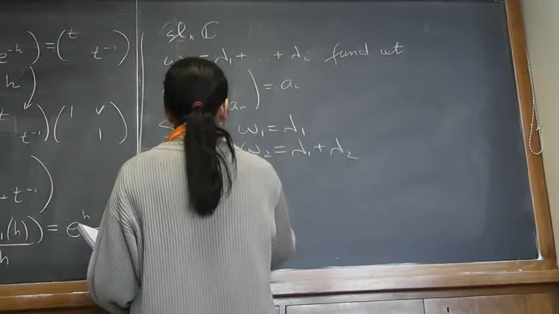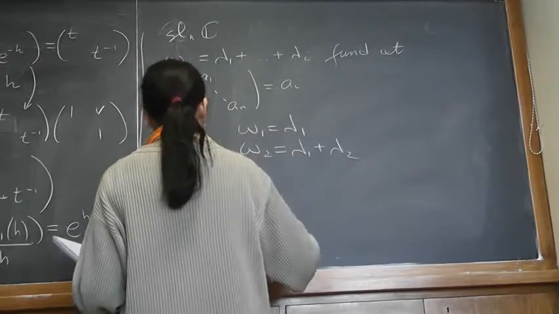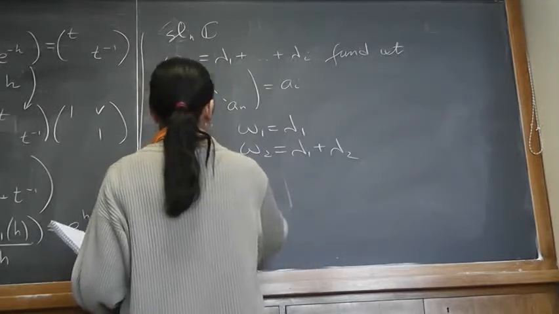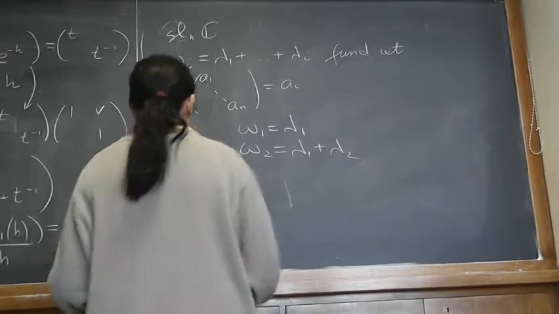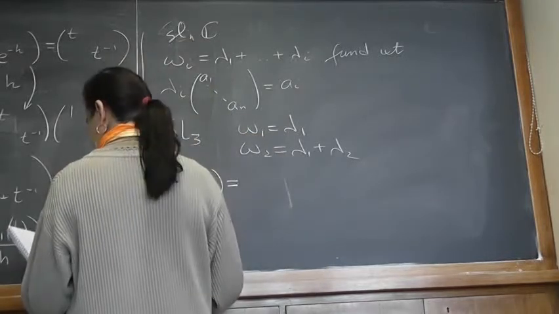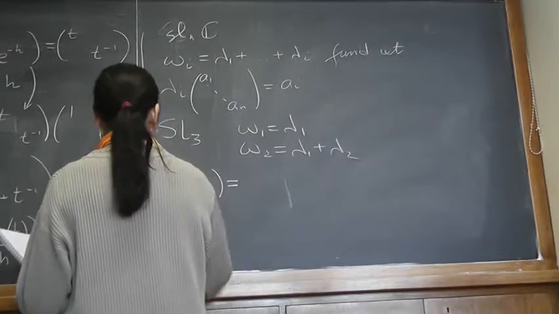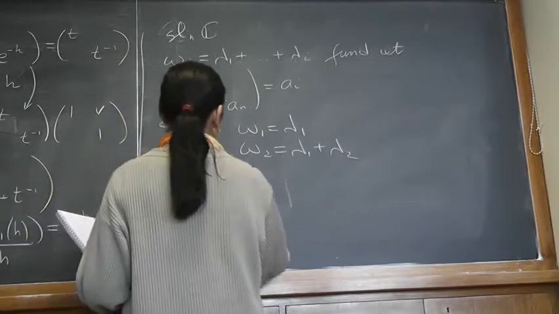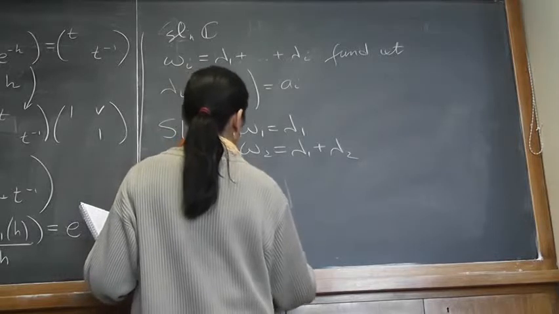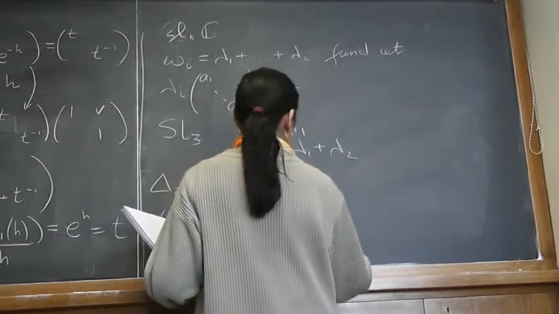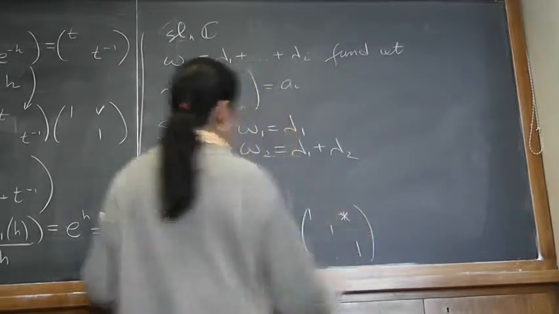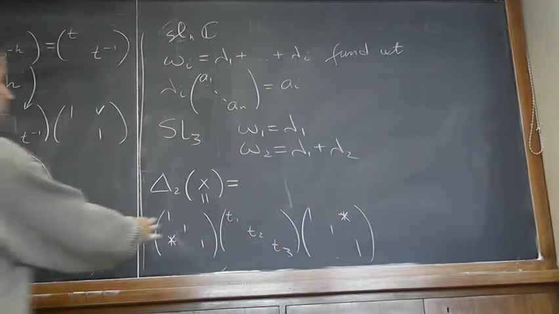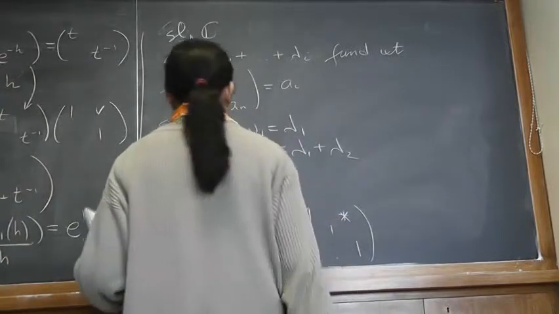T1, T2, T3, sorry. If we take an element x, it will be written as something like 1, and then you have T1, T2, T3, and then you have 1, 1, 1, and then the stars here. This is how you decompose an element: x minus, x0, and x plus.